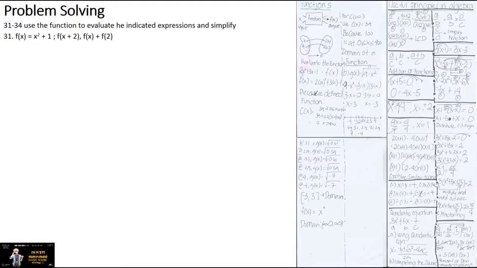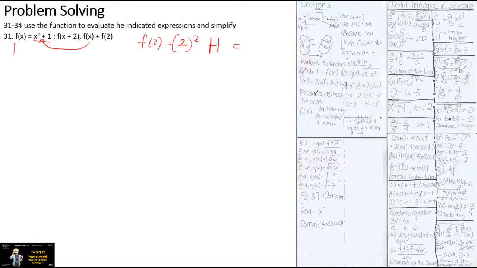Okay. So, yun. So, ganun pa din. Substitute pa rin base dun sa sinasabi ng equation. So, ganun pa rin. So, f of x is this one. So, ito yan. Wala pa tayong f of 2. f of 2 is, sinubstitute ko yung x ng 2. So, 2 squared plus 1.